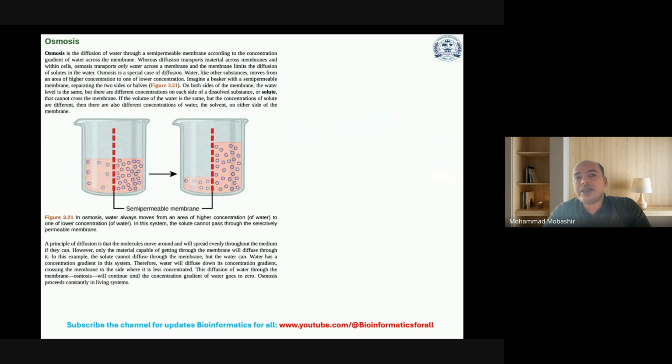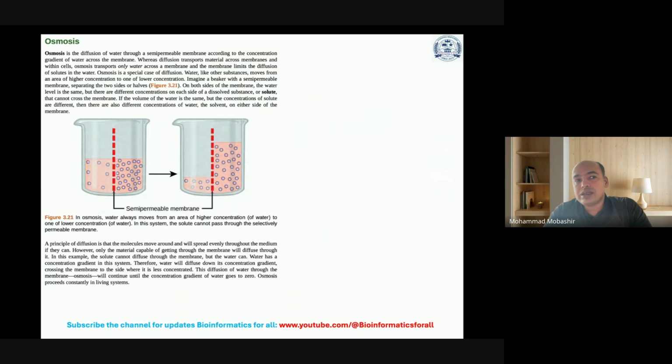Whereas diffusion transports materials across membranes and within cells, osmosis transports only water across the membrane. And the membrane limits the diffusion of solutes in water. So osmosis is a special case of diffusion.